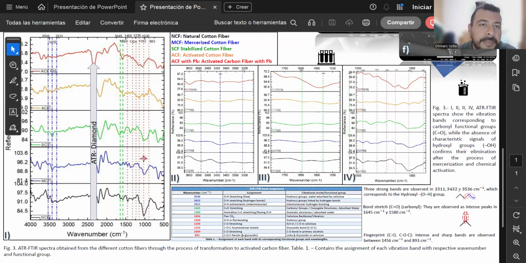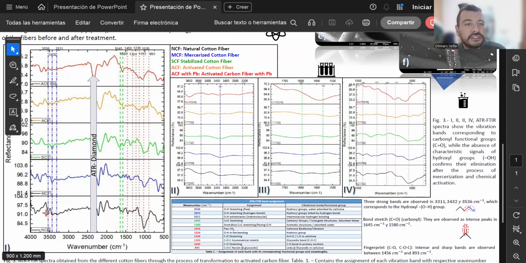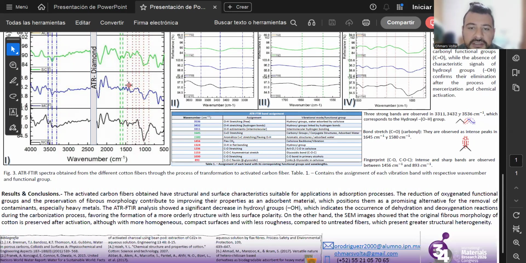All right. As the fiber starts to change morphologically through this process, finally we obtain the activated carbon fiber, and we appreciate the hydroxyl groups completely disappear, but the carbonyl groups appear with more intensity.